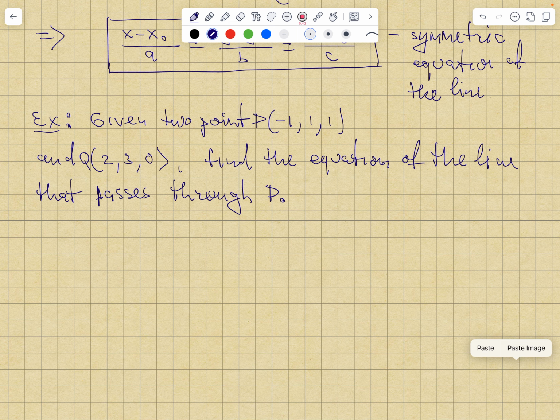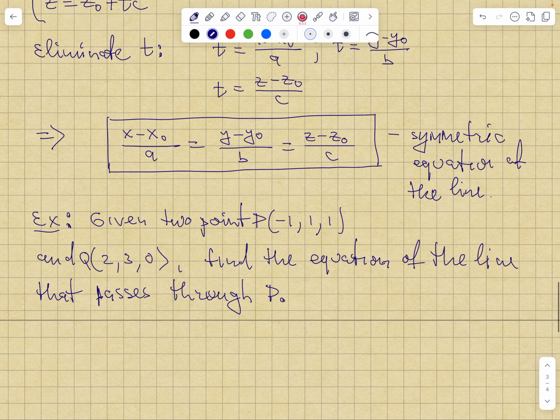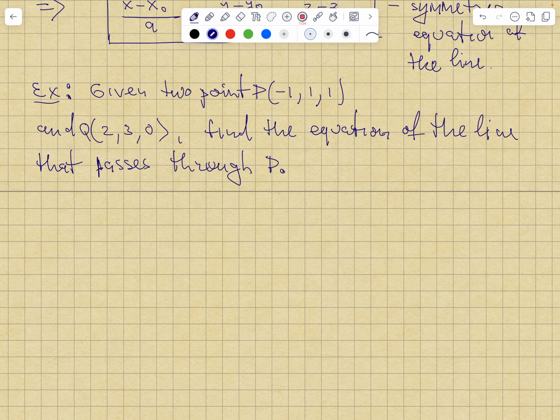Okay, so given that P and Q both belong to the line, the vector PQ, Q minus P, the difference between the position vectors, must be in the direction of the line. So I can take P equal to P0.